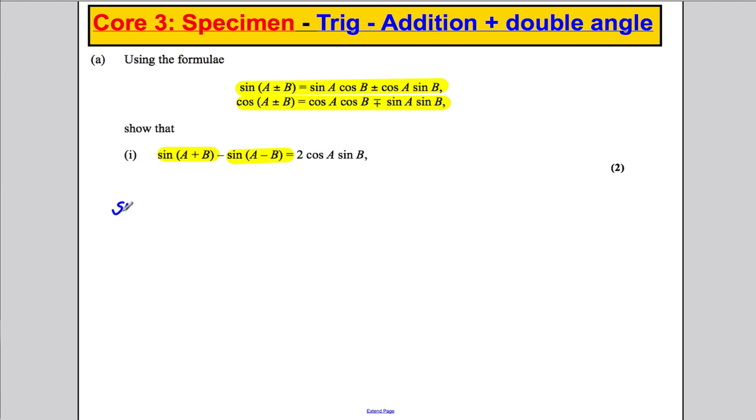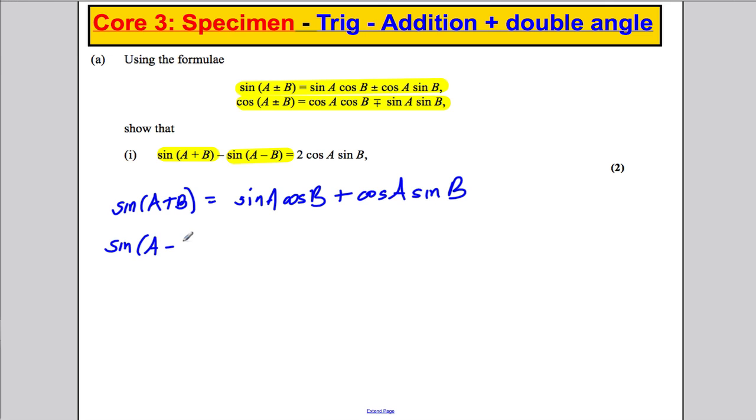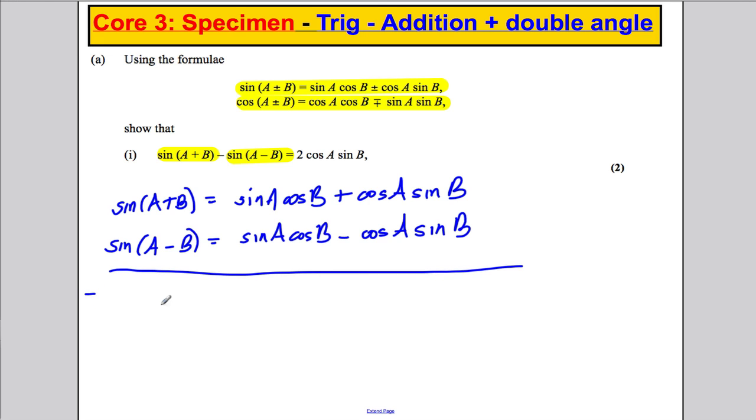Sine A plus B by above is sine A cos B plus cos A sine B. Sine A subtract B would be sine A cos B subtract cos A sine B. If you took these away from each other, so you got sine A plus B subtract sine A subtract B, what would you get?